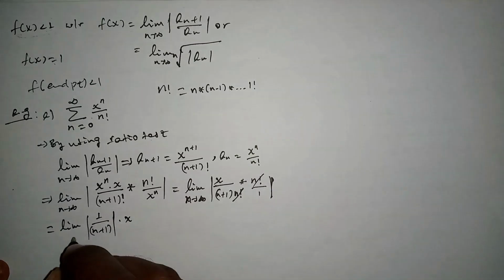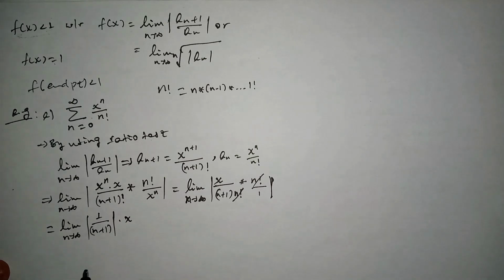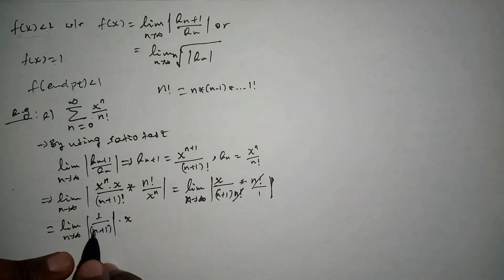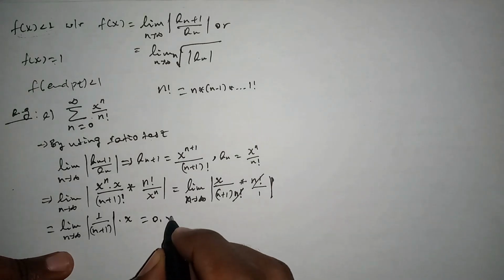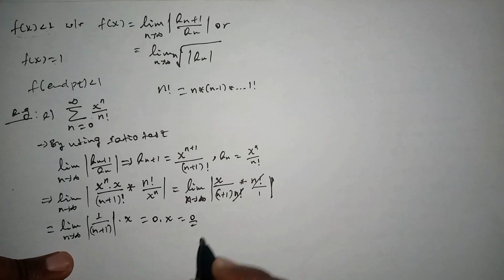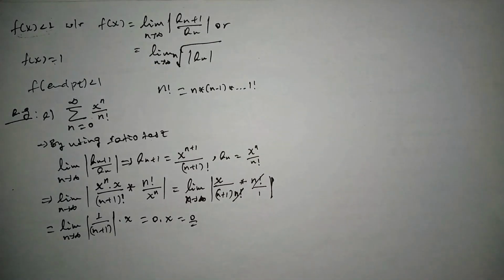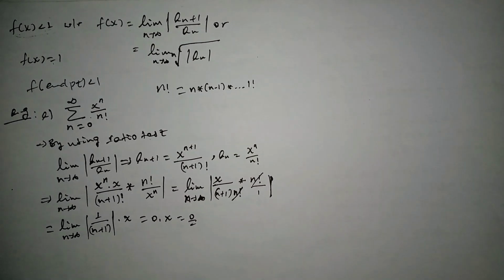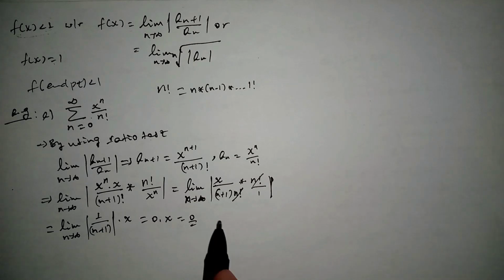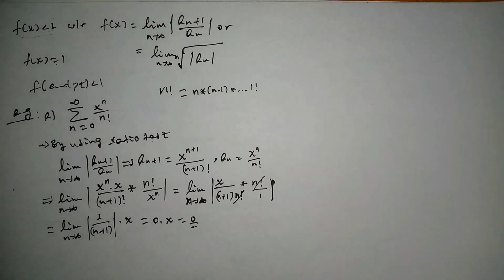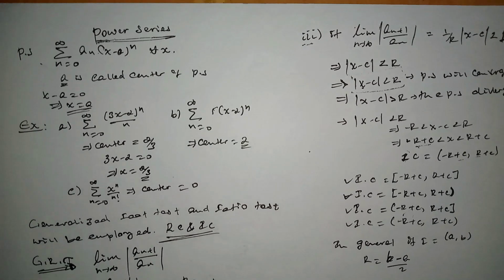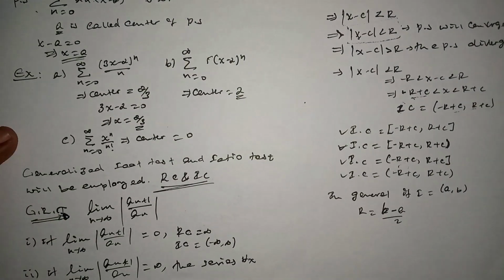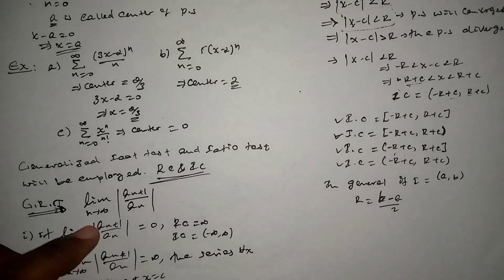As n approaches infinity, this limit becomes 0, and 0 times x is equal to 0. So from our last session, we have seen 3 cases, and this is the first case.